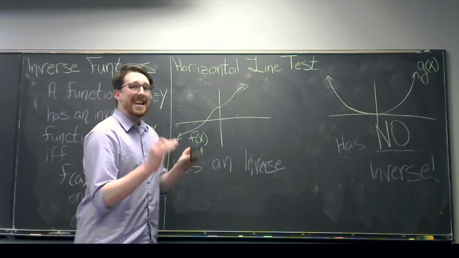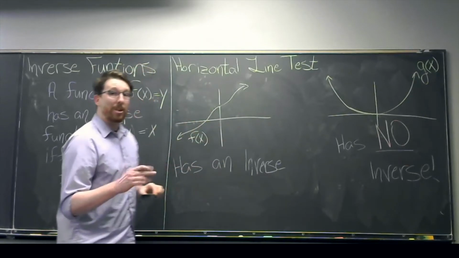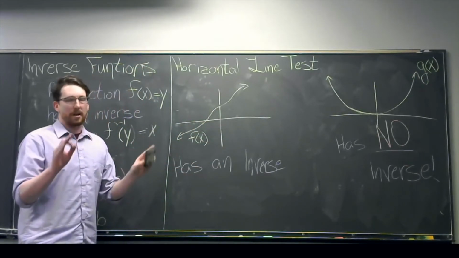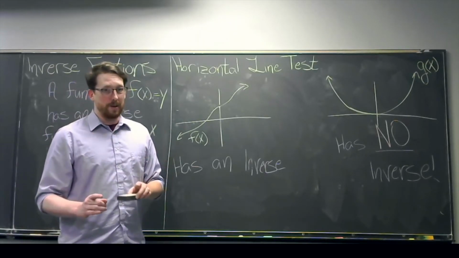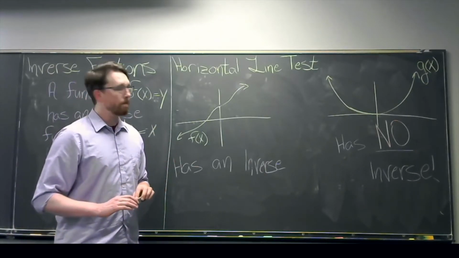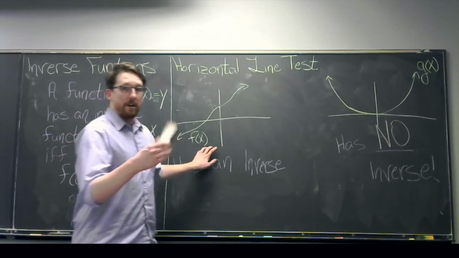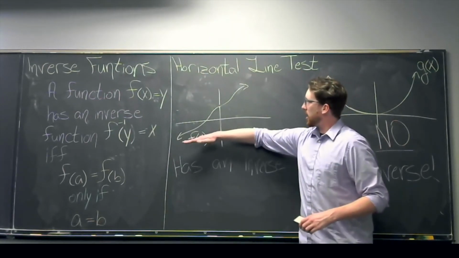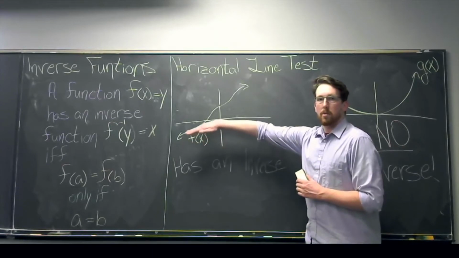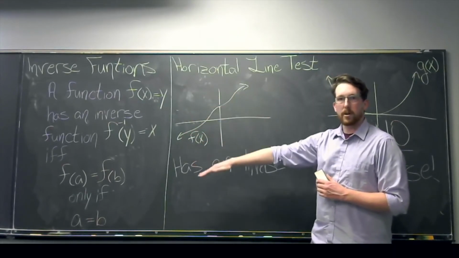and if at any point that horizontal line goes through more than 1 point on our graph, then it fails the horizontal line test. So what I'm saying is, check it out, got a horizontal line, I'm gonna go up through the y-axis, up and down.